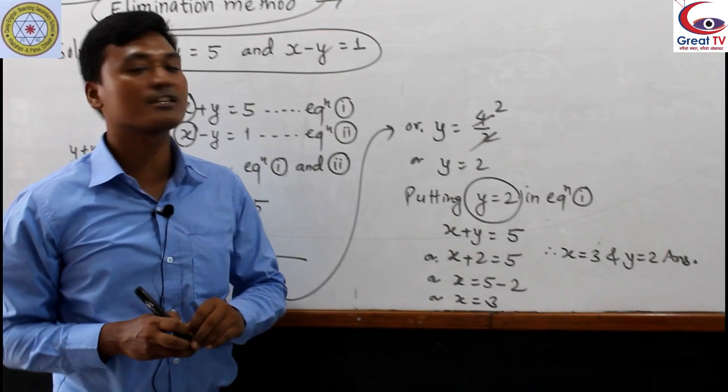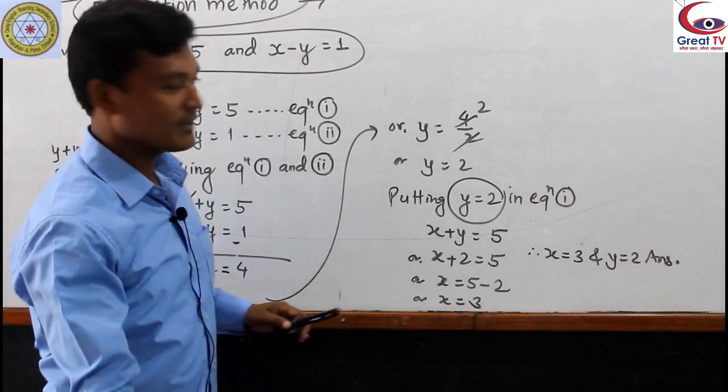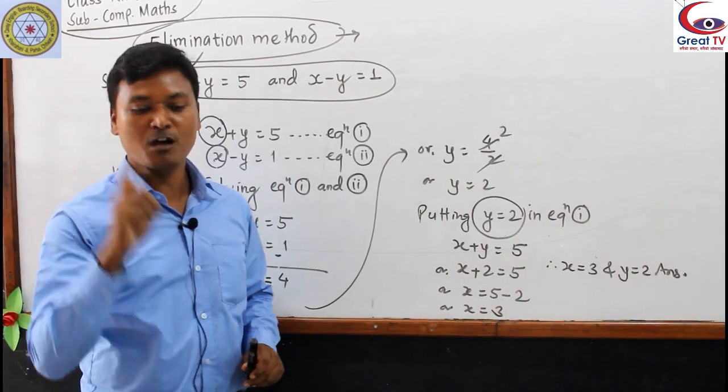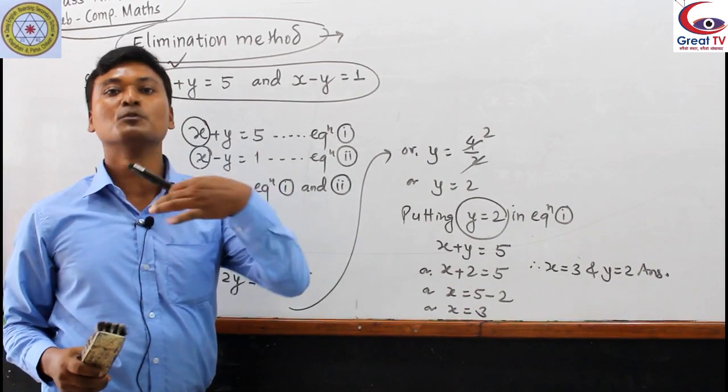And you know very well how to check answer also. Okay, I solved the same problem by two ideas. Let me solve one more problem to make you more clear.